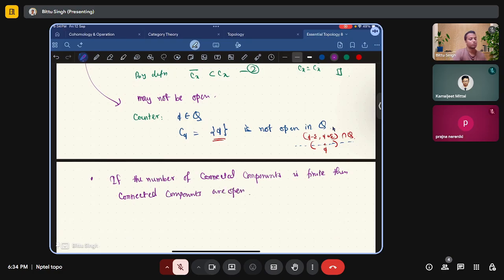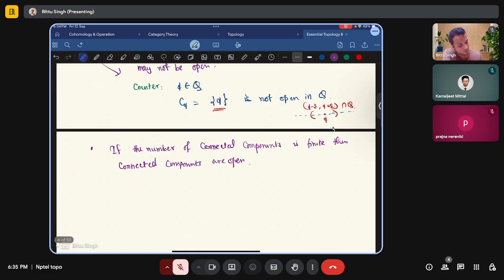So in general, connected components may not be open, but if there are only finitely many components, this is one of the sufficient conditions for openness. Let us see why this is the case. Take a connected component Cx. Suppose this is not open.